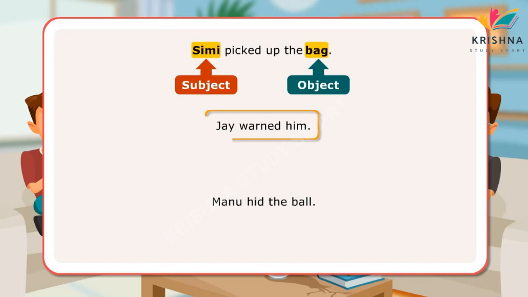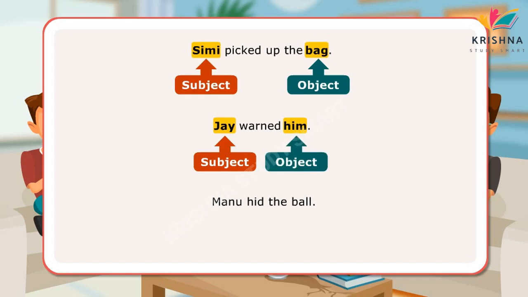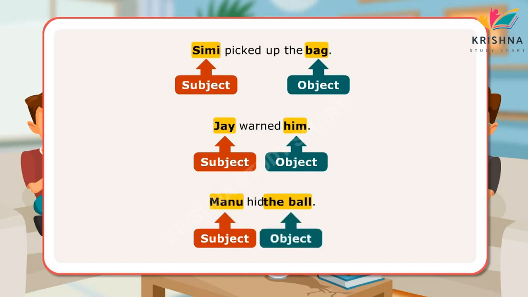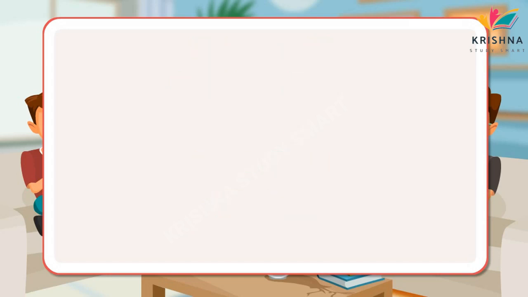In the next sentence, Jay is the subject as he is the doer of the action, and the object is him, being the receiver of the action. In the third sentence, Manu is the subject since he performed the action, and the ball is the object since it received the action.